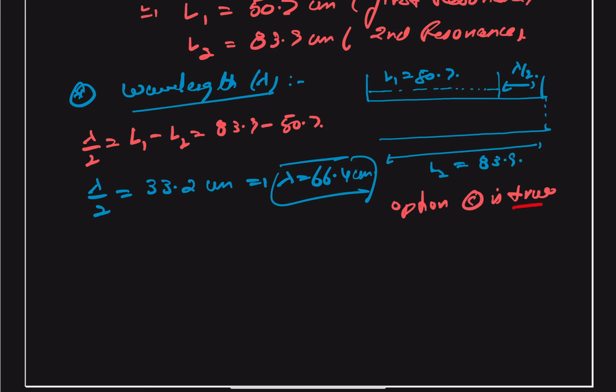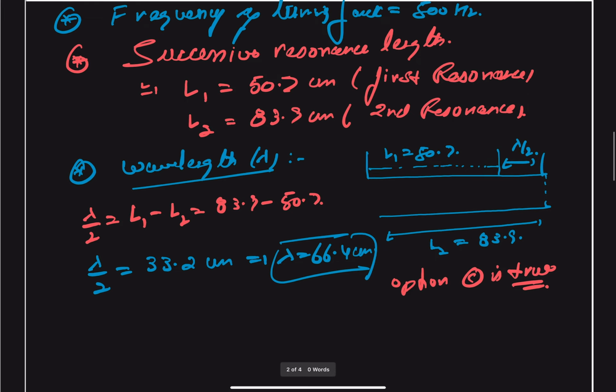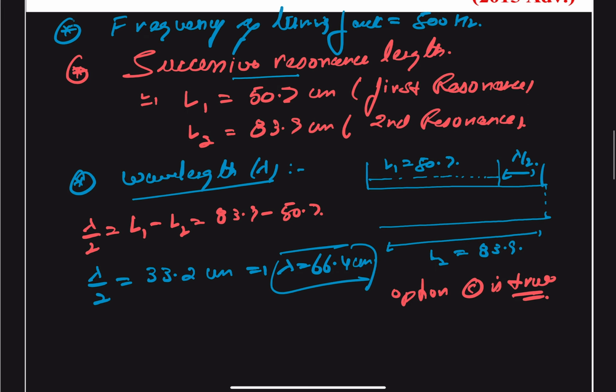Now let us find out what harmonics are associated with L1 and L2, because we only know that these are successive resonance lengths.